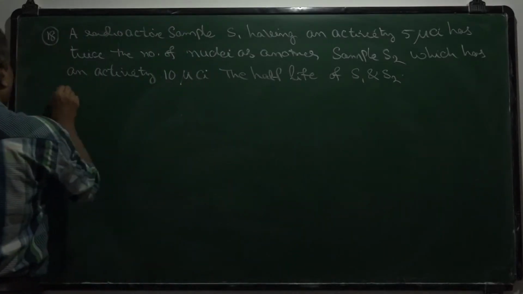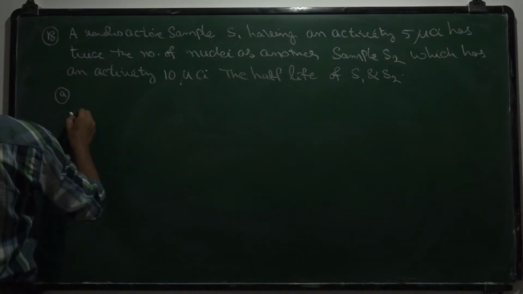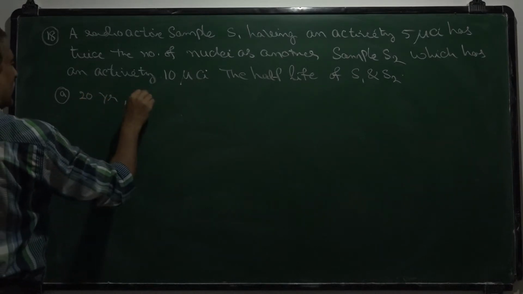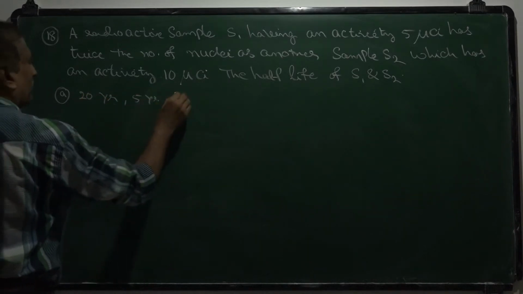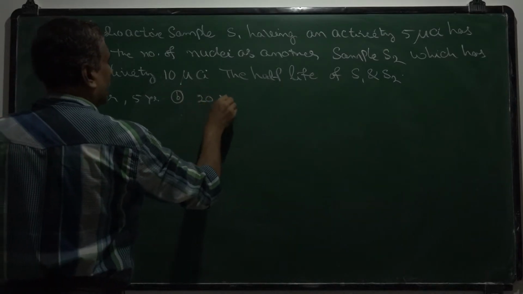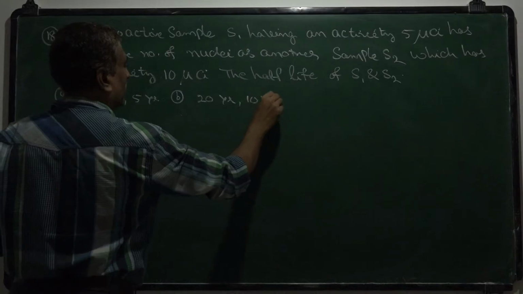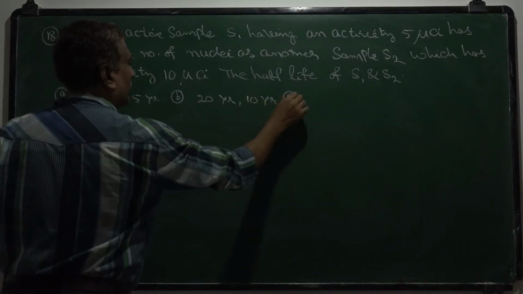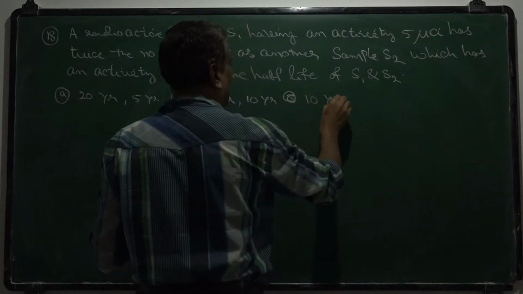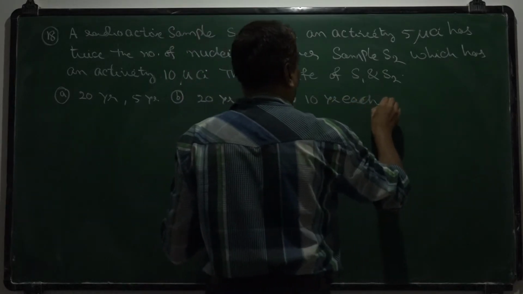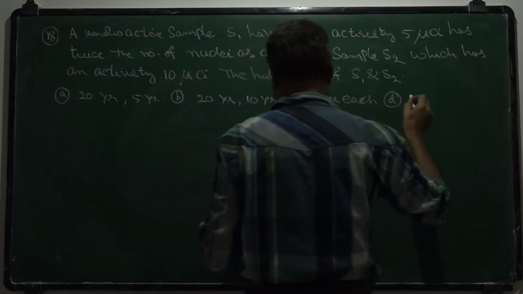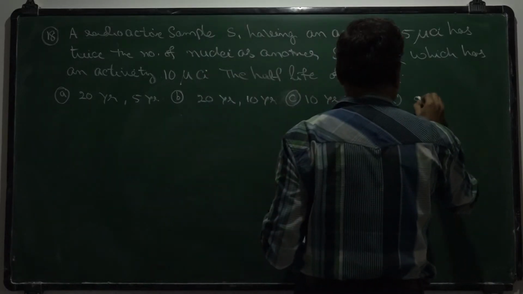The options are A: 20-year, 5-year; B: 20-year, 10-year; C: 10-year each; D: 5-year each.